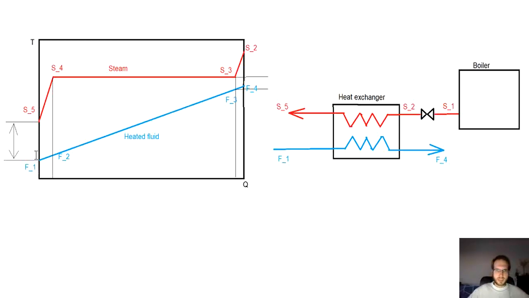So now we can see that between the S5 and F1 there was the specified pinch point or minimal temperature difference of 20 degrees C, but the actual minimum temperature difference will be most likely at this point between the S3 and F3.